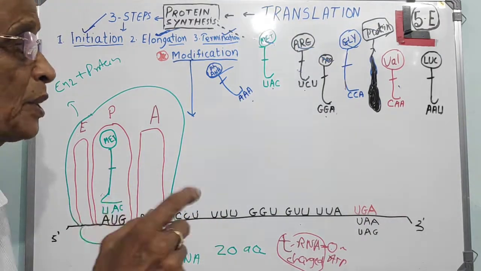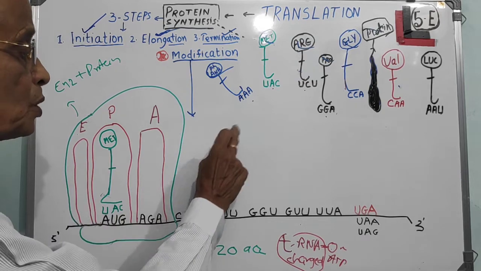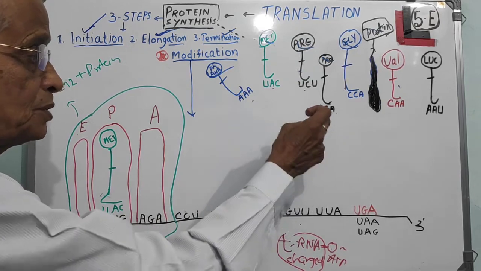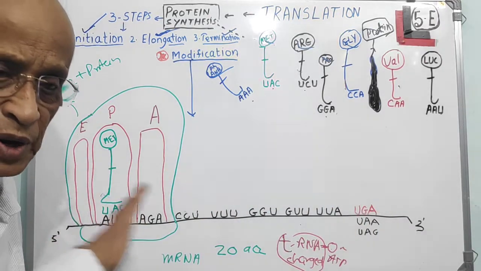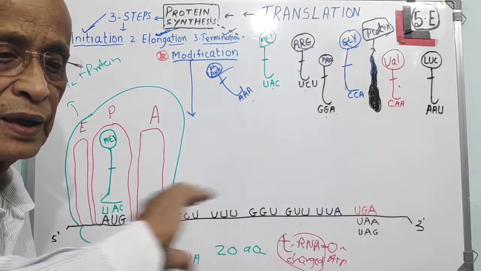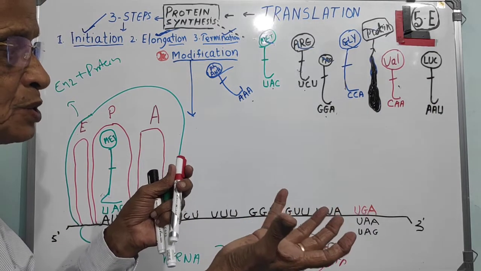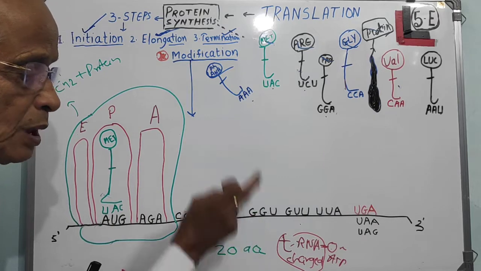That means amino acid phenylalanine may form 1, 2, 3, 4, 5 times. GGA may form 10 times. Like that, maybe 200 molecules, 500 molecules, 2000 molecules, 4000 molecules. Any number of amino acid molecules may join depending upon the instruction on the mRNA.